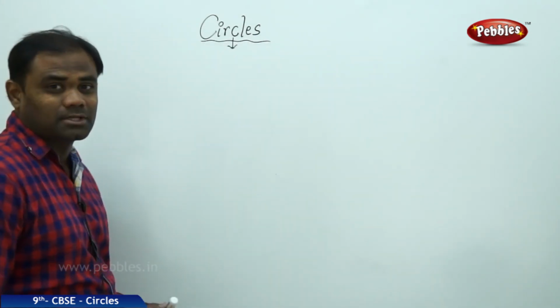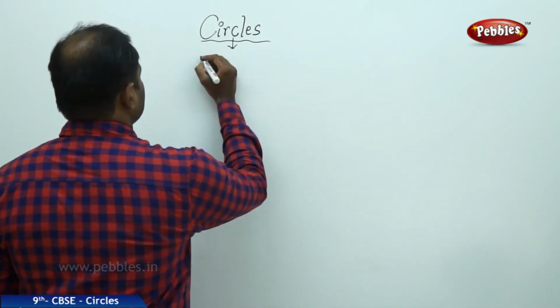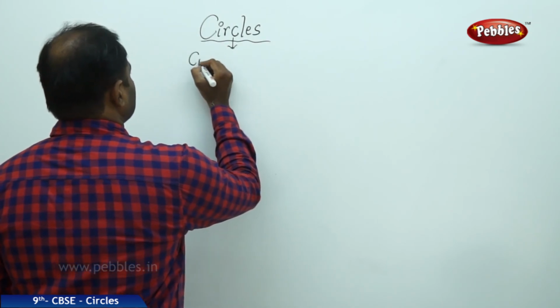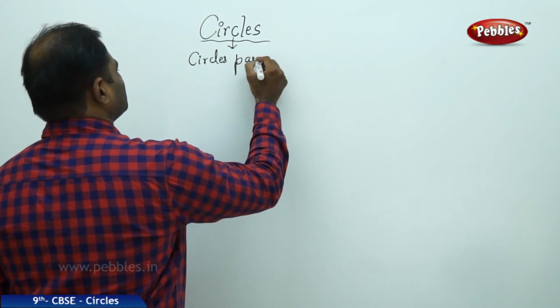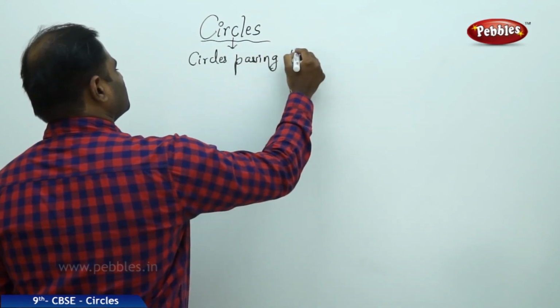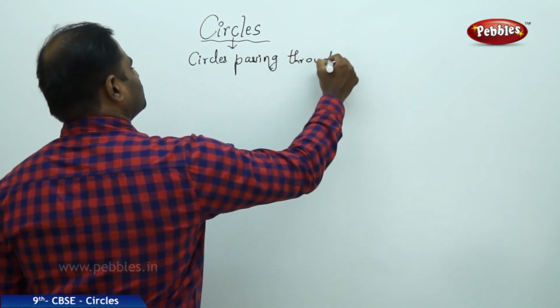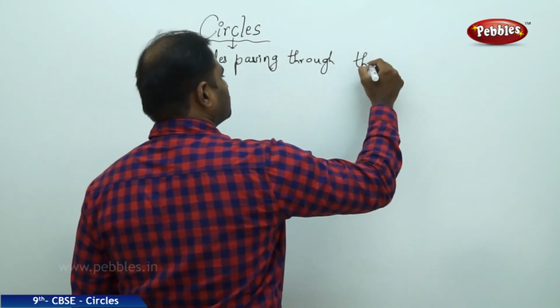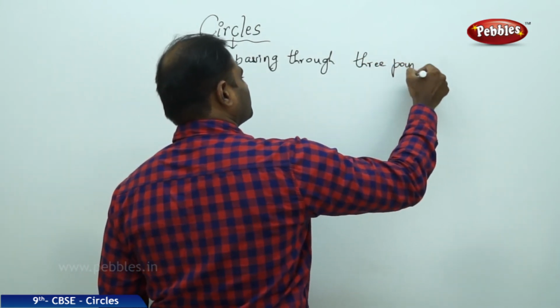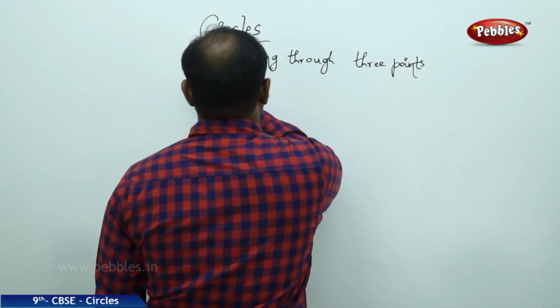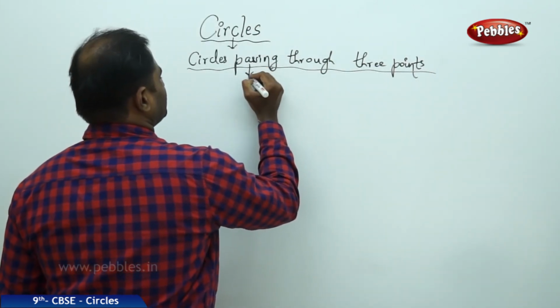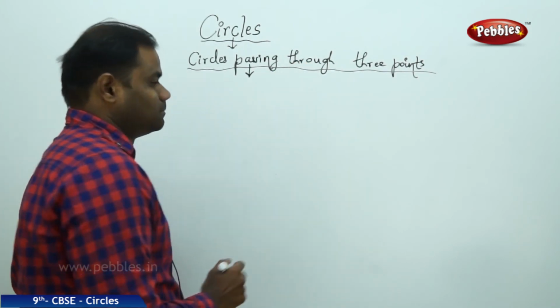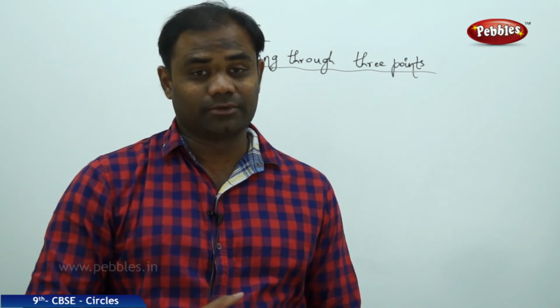So this session is about circles passing through three points. So let's see for 3 points taken into consideration.